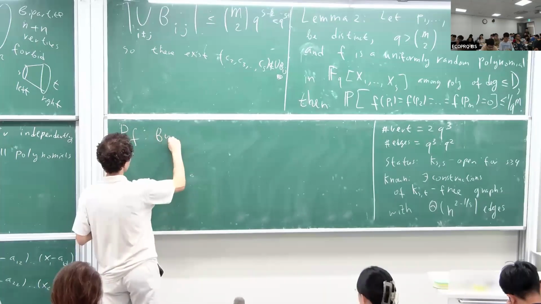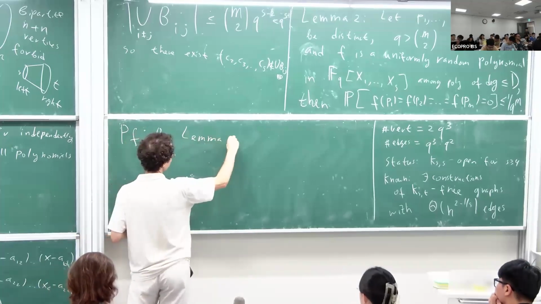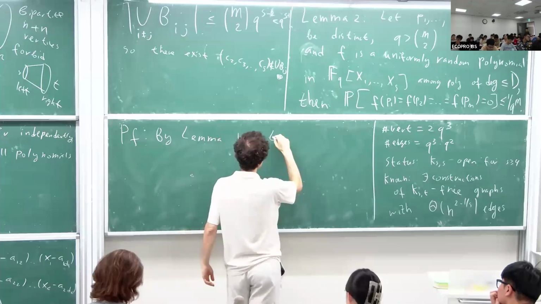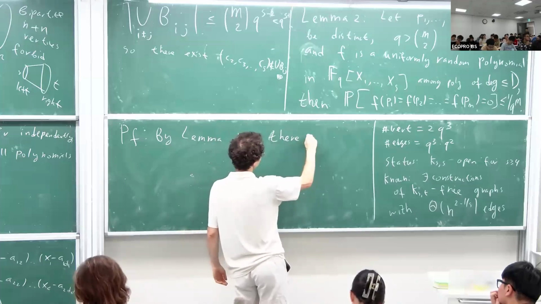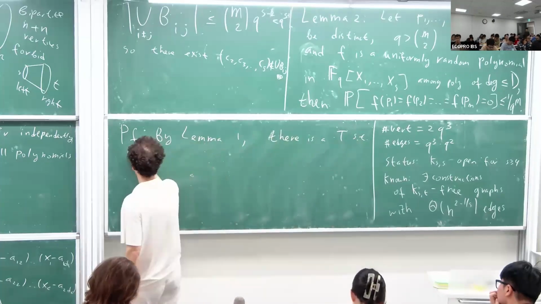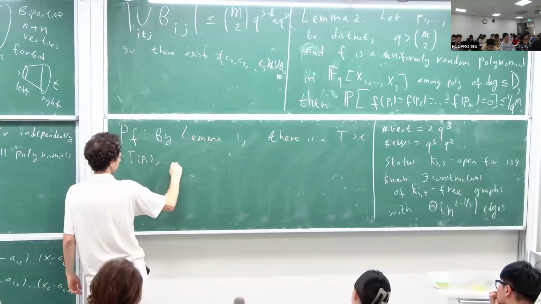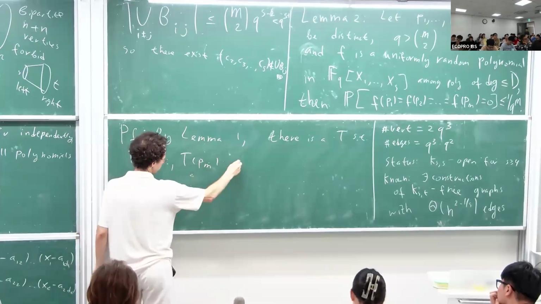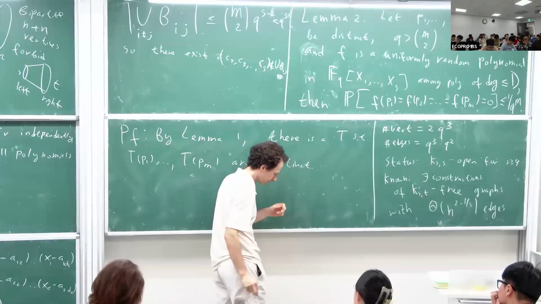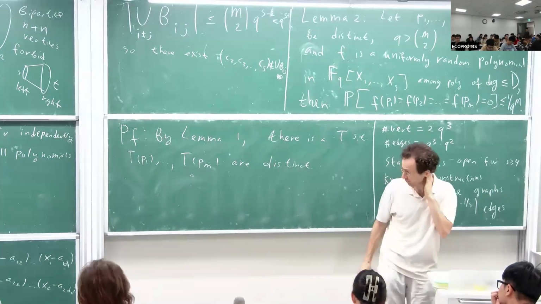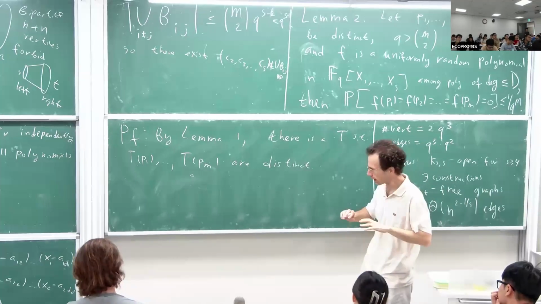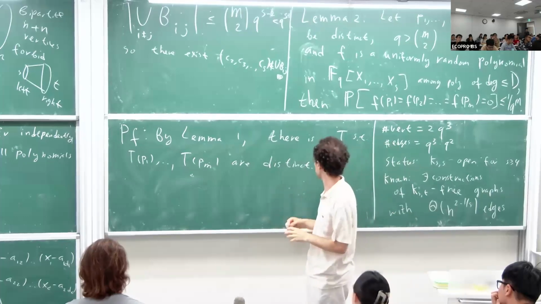Okay, so by the first lemma, we can find a linear T such that these points are distinct. And the key observation is that when choosing, I can change my coordinate system.